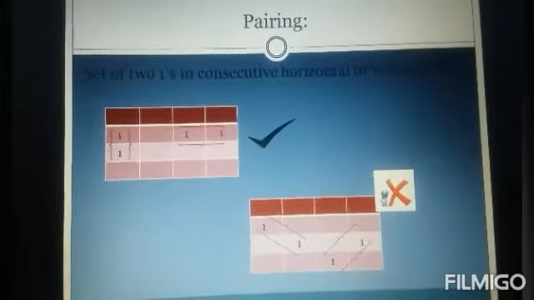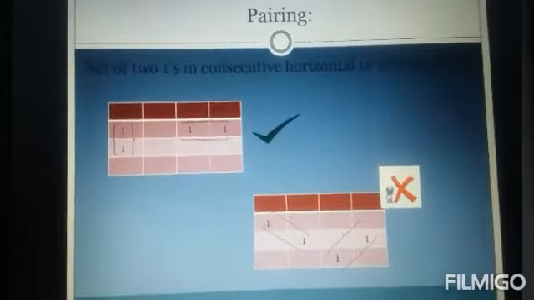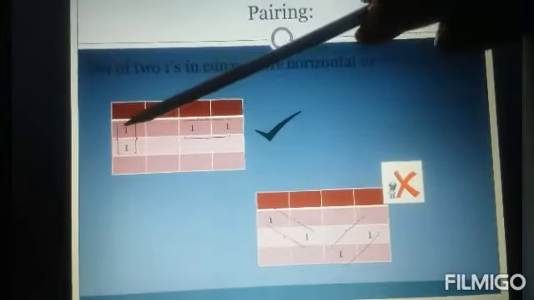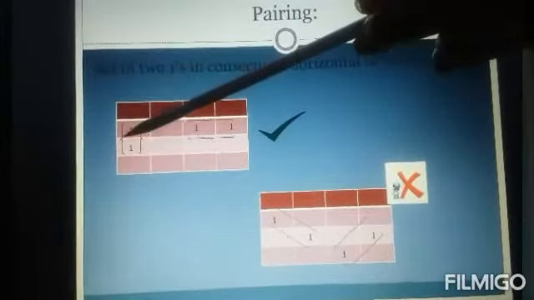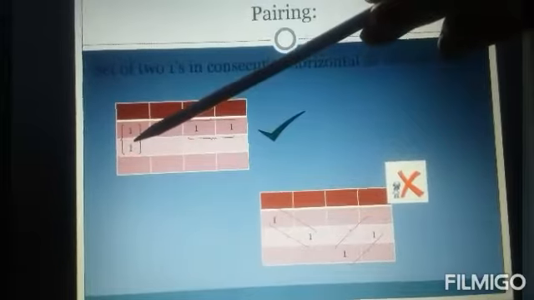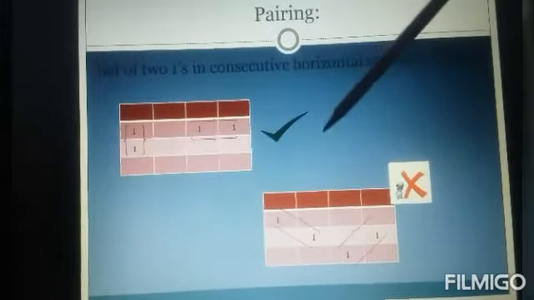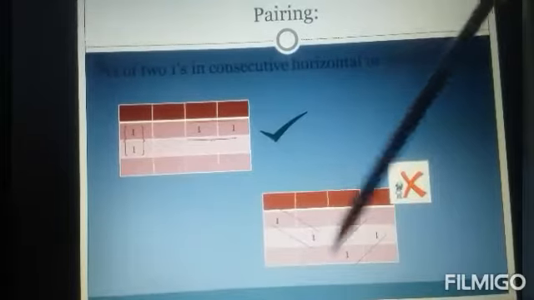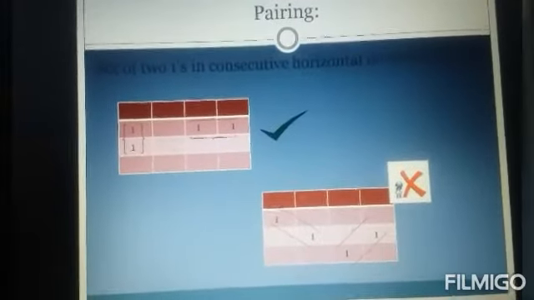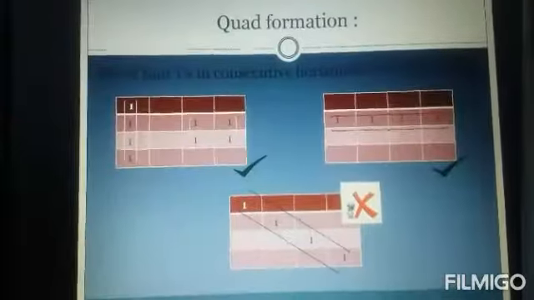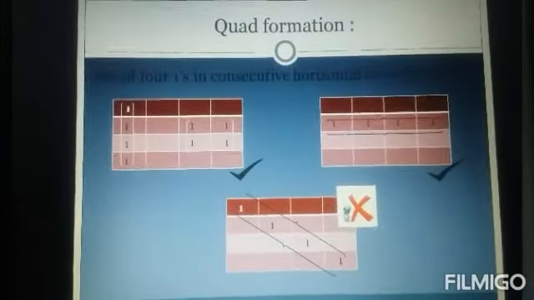See, I've created these here. Vertically, two ones combined together. Horizontally, two ones combined together. Both are correct. But in a slanting order, it is the wrong way to do. Then we have quad formation.